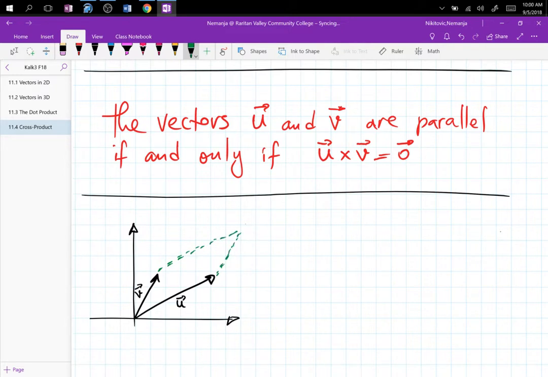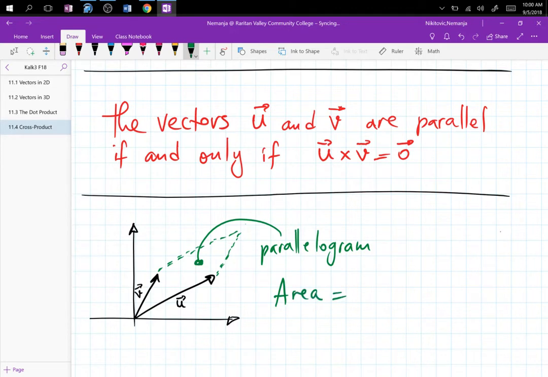So we have the parallelogram. And the area of that parallelogram is equal to the magnitude of u cross v.